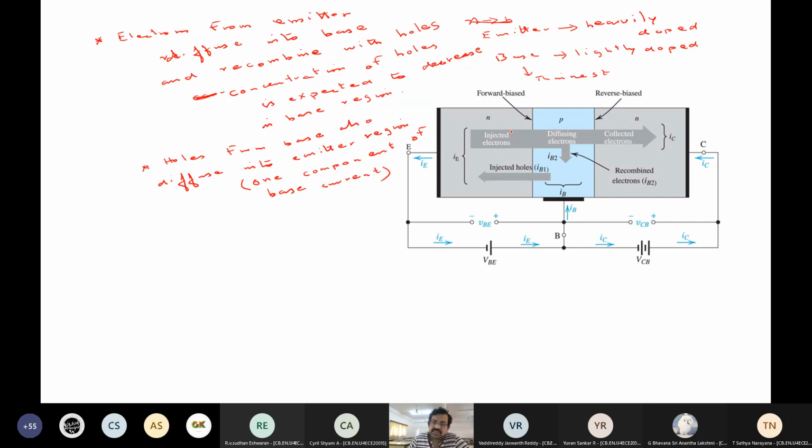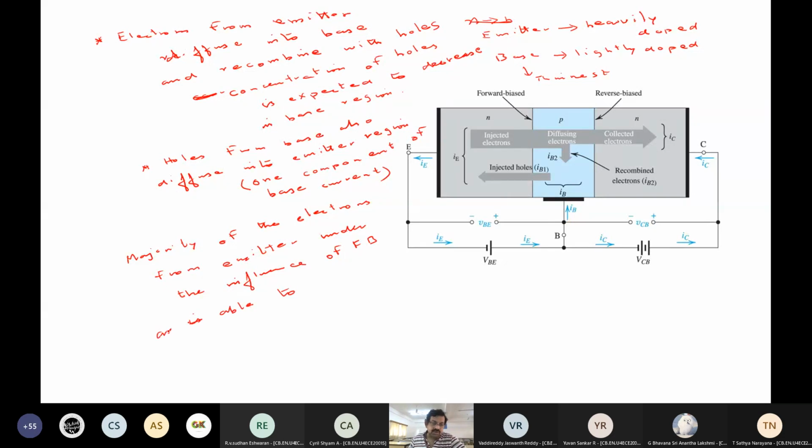So a majority of the electrons from the emitter, under the influence of forward bias, are able to cross over the base region and reach the collector.